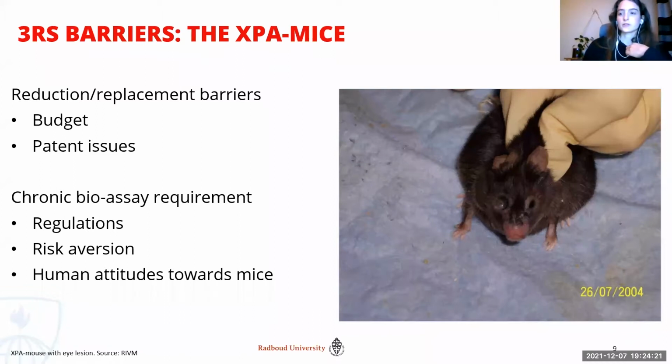But more interesting, I think, for us now is the idea of the mouse chronic bioassay requirement in the first place, because already when they were starting this search for an alternative, people in industry were saying, but we don't even need a chronic bioassay in the first place, because it doesn't give us any relevant information in most cases on top of other tests that are already being conducted.